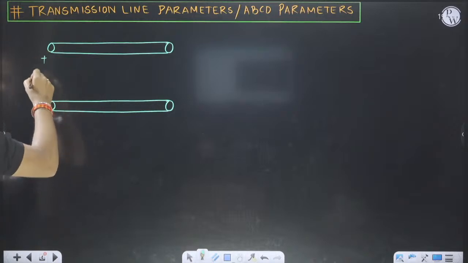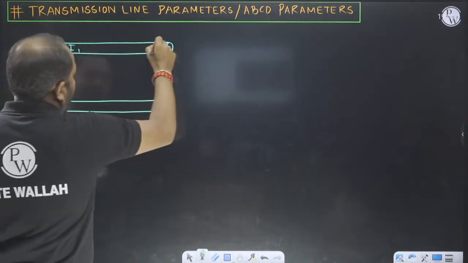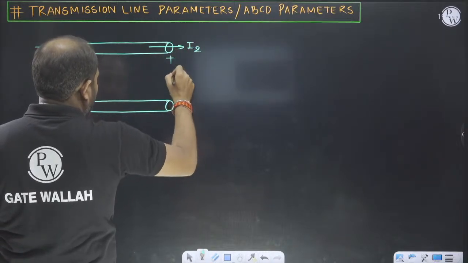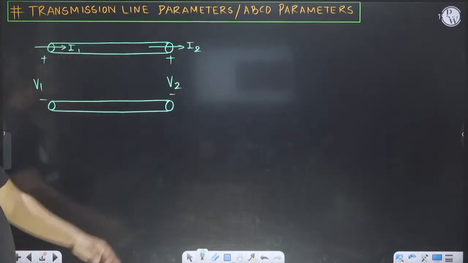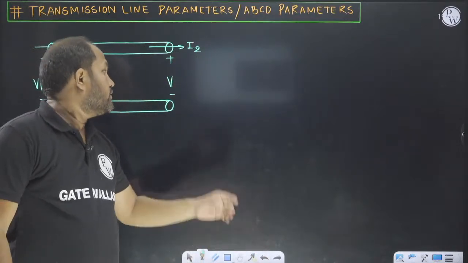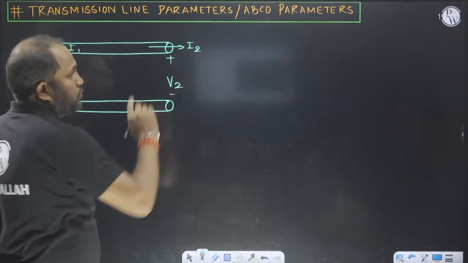Here input voltage V1, input current I1, output current I2, and output voltage V2. So we know the output voltage and output current of the transmission line.